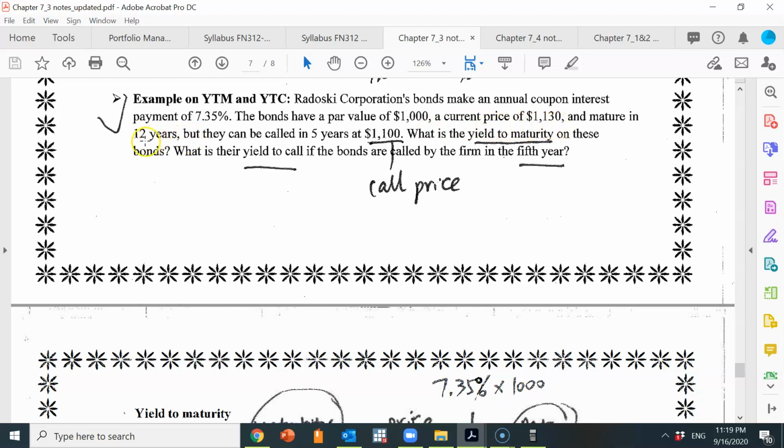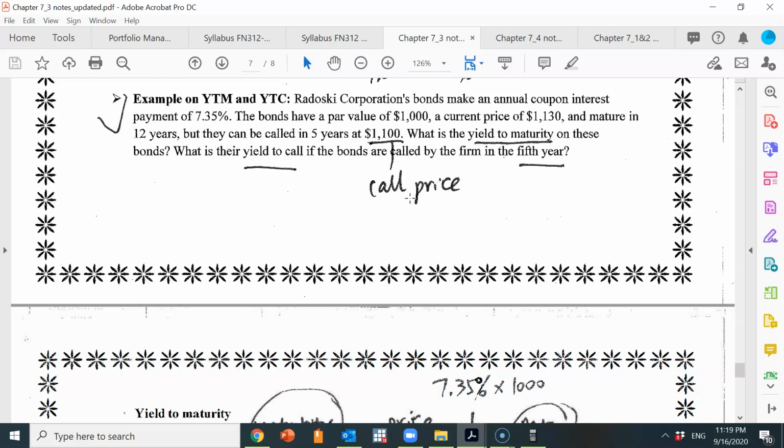It matures in 12 years. But according to the call provision, this bond can be called back in 5 years at 1100. We call this price the call price. This is the price you would get at the call date if the firm calls back the bond.